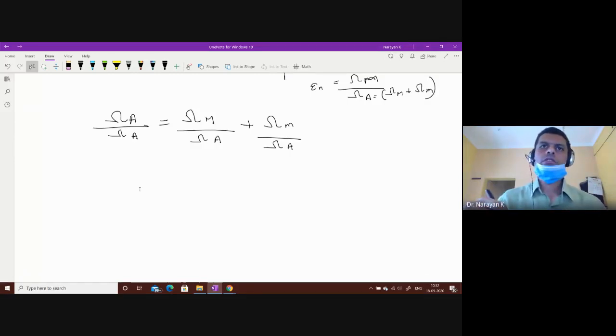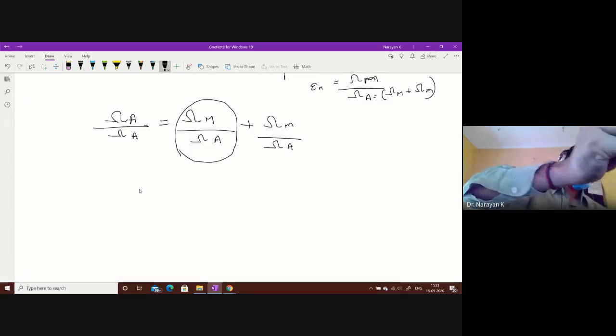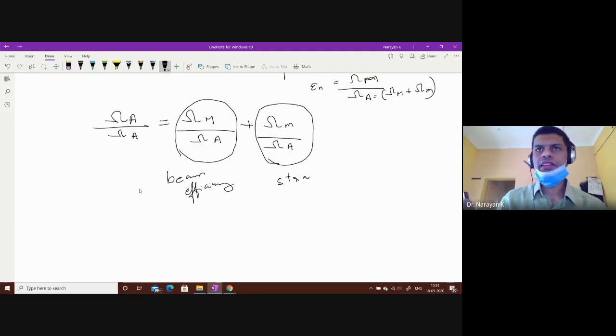This whole thing is called beam efficiency. And this one, the minor beam area term, is known as your stray factor.